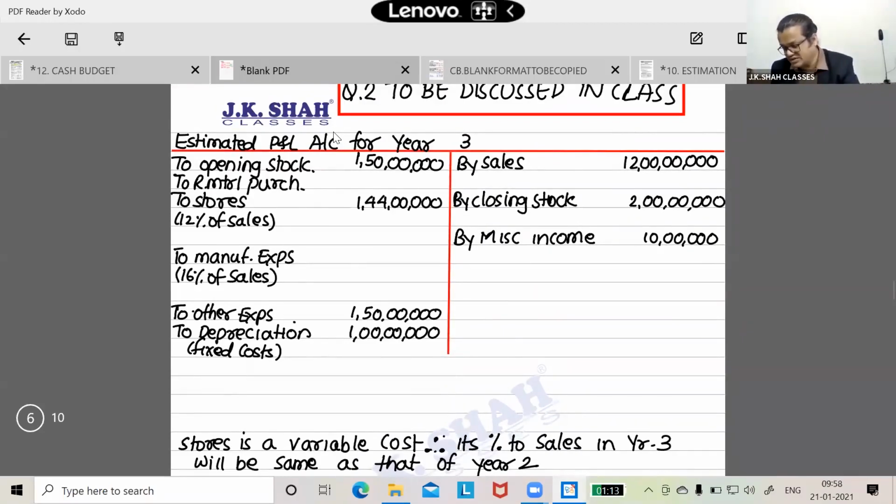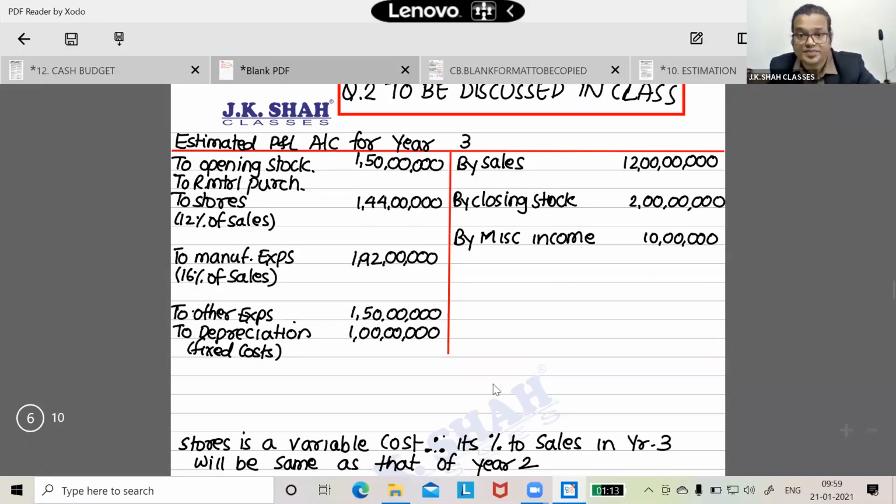So 12 crore into 16% comes to 1.92 crore, 1 crore 92 lakh. Now what is left out, people? Tell me. The left out is raw material purchases. Once this is done, then we can close and get a net profit for year 3.